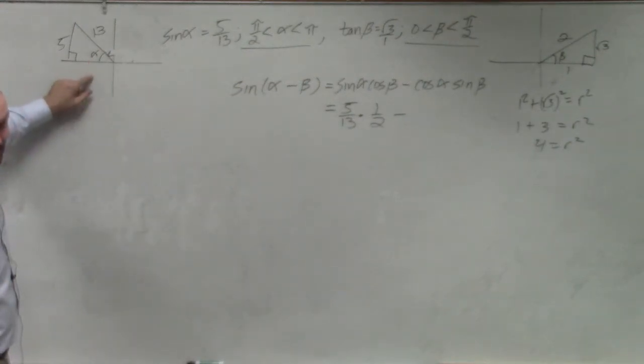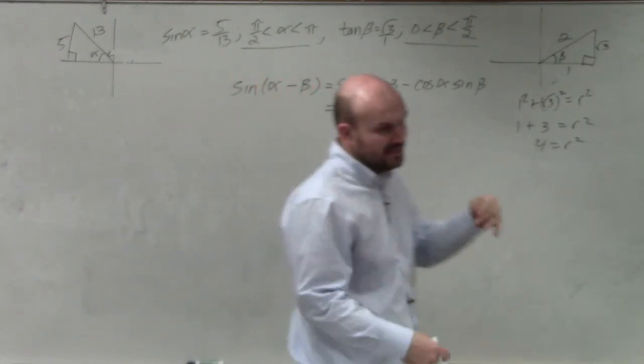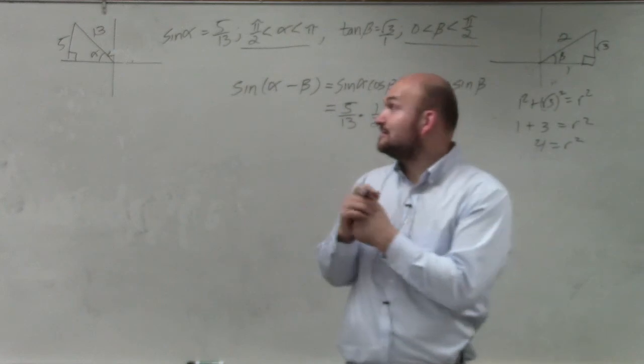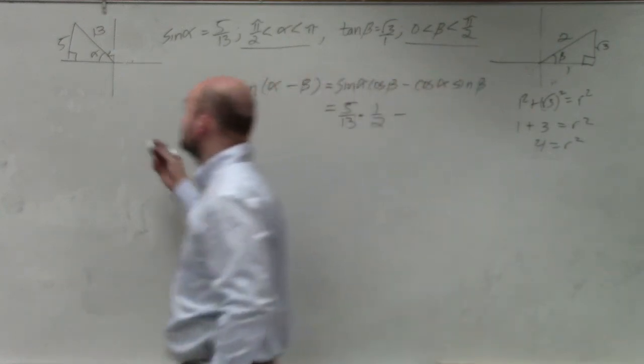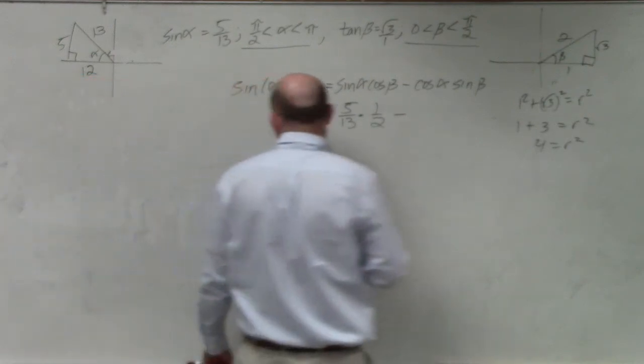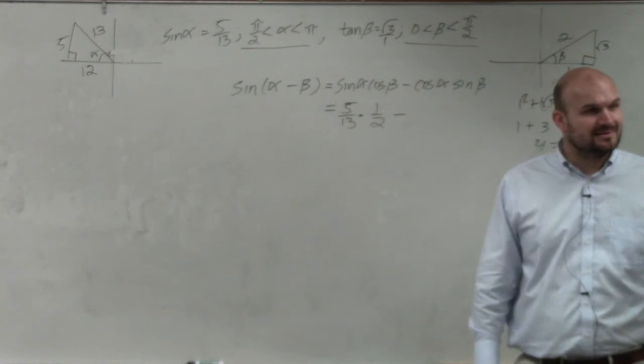Minus cosine of alpha. Uh-oh, I need to figure out alpha here, or the adjacent side, right? But please remember, guys, you could use Pythagorean theorem again. Or if you remember from your geometry class, that's actually a Pythagorean triple. So if you did Pythagorean theorem as well, you get 12. But again, which quadrant am I in? You're in the second.